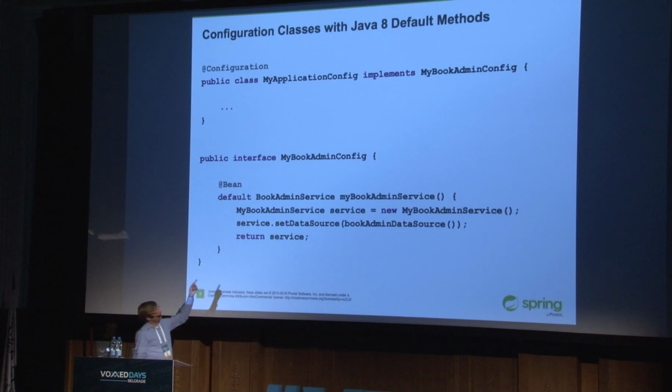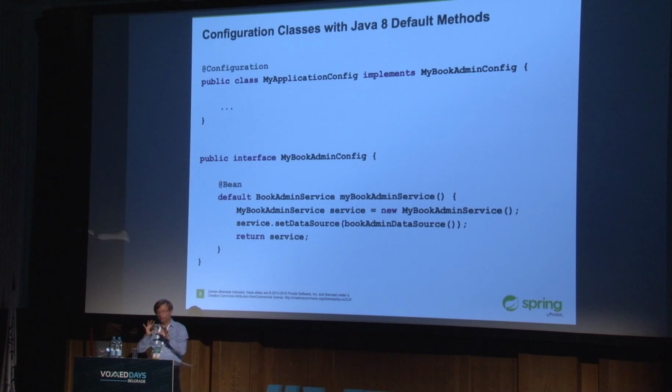The sweet spot for default methods in interfaces is that you can implement several interfaces. It's a kind of multiple inheritance. My application config can say implements MyBookAdminConfig and MyRepositoryConfig, two interfaces, and you're inheriting the bean methods from both interfaces.